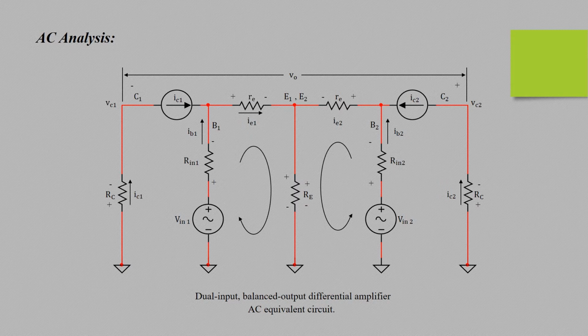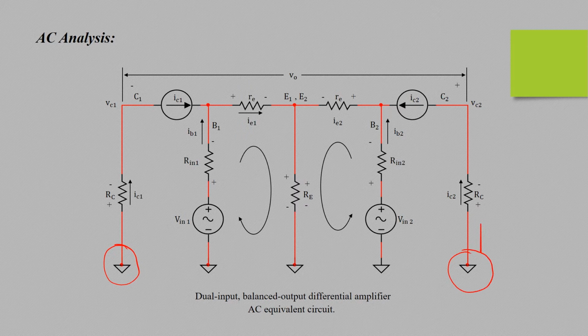When we do this, we get this circuit as the AC equivalent circuit of dual input balanced output differential amplifier. So you can see we have set the DC voltages plus VCC and minus VEE to 0.